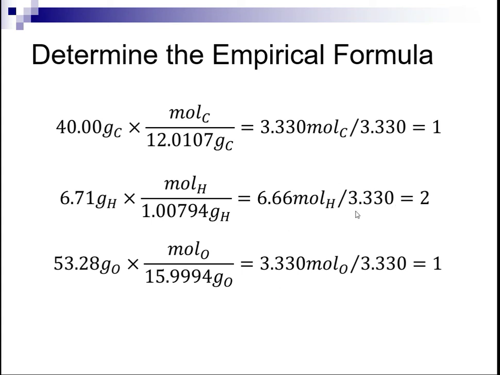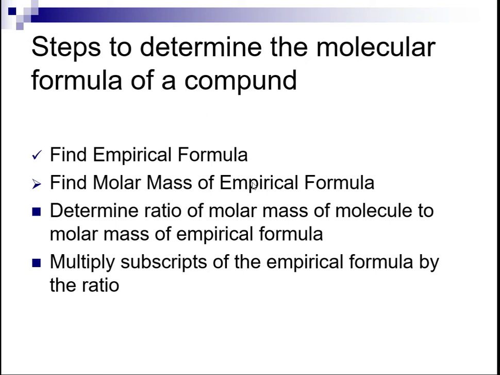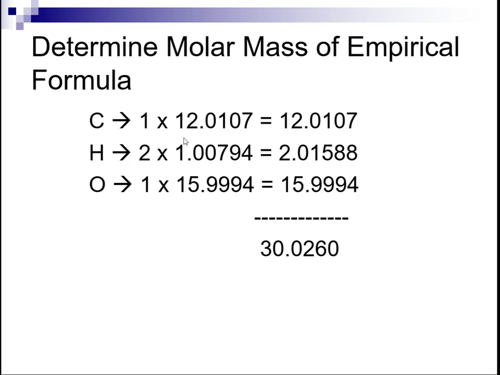It's a 1 to 2 to 1 ratio. Second step, find the molar mass of the empirical formula. So if it's 1 carbon, 2 hydrogens, 1 oxygen, the molar mass when you do that is 30.0260 grams per mole. That's the molar mass of my empirical formula.